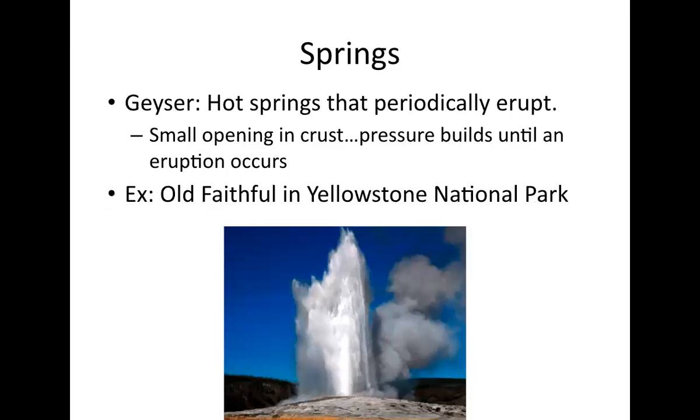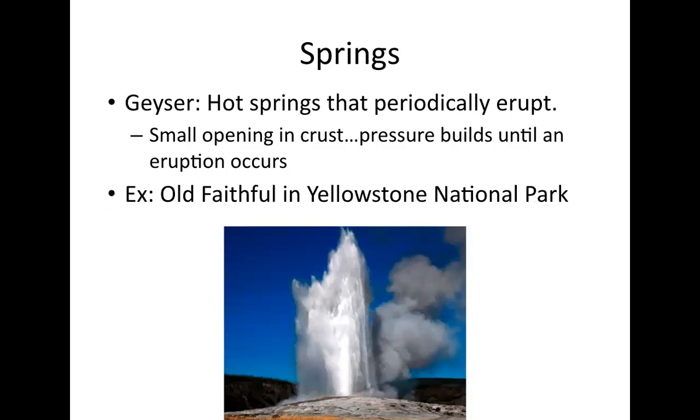Next is what is known as a geyser. Hot springs that periodically erupt. Sounds kind of like a volcano, huh? Small openings in the crust, there's pressure that builds until an actual eruption occurs. So in a volcano, what comes out?